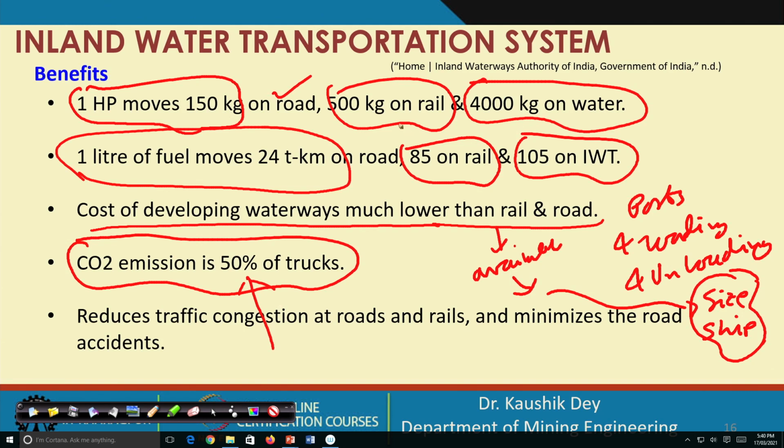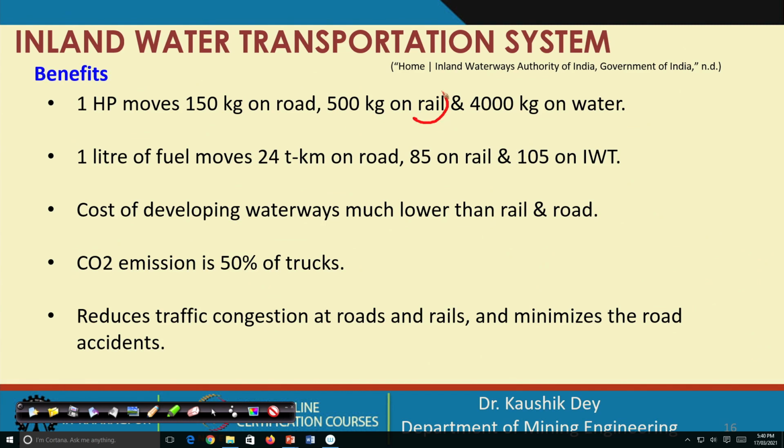Rail in India mostly travels on electricity. However, electricity basically comes from thermal power plants.